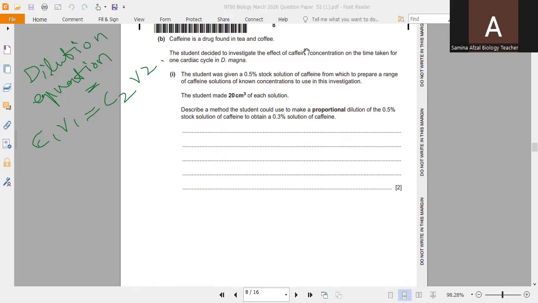So here you can see C1 is 0.5%, which is the stock solution. And the required concentration is 0.3, so C2 is 0.3%.